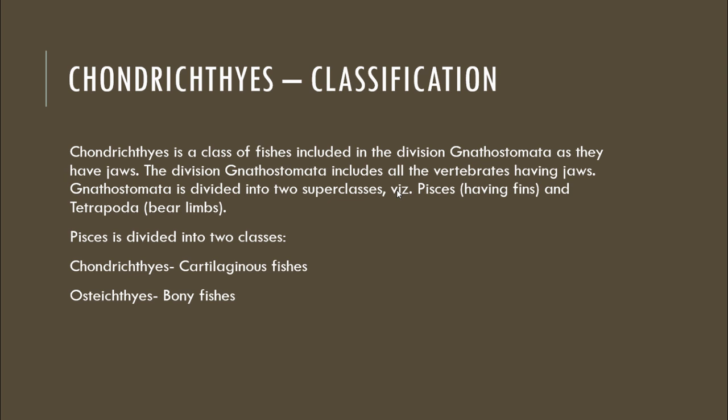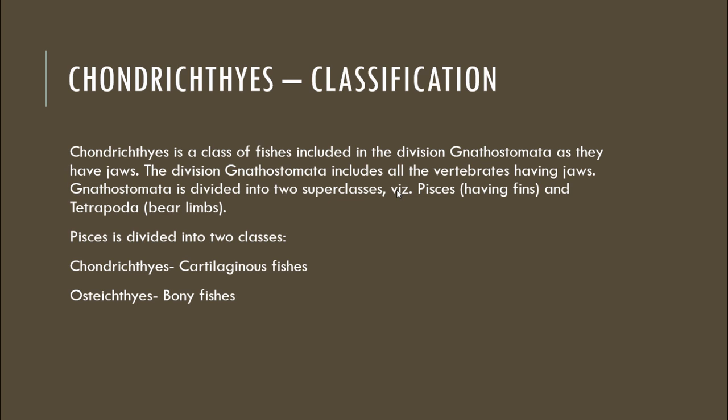So jawed fishes are called what? They are kind of Gnathostomata. Then the division Gnathostomata includes all vertebrates having jaws. So Gnathostomata is divided into superclasses: Pisces having jaws and tetrapods bearing limbs. Let's know that. That means your vertebrata that I said is divided into two: agnatha, jawless fishes, then gnathostomata, the jawed vertebrates.